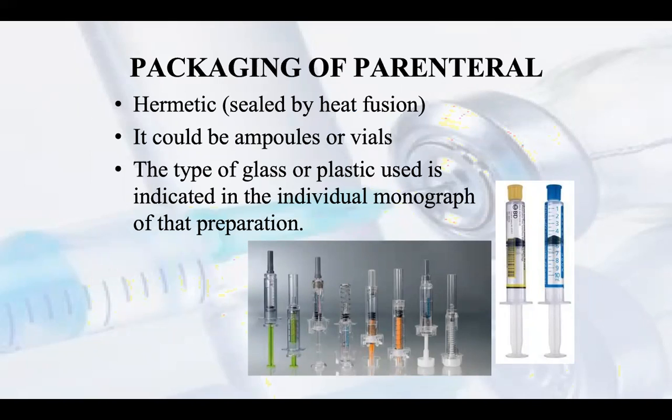Hermetic sealed by heat fusion, certain ampoules are sealed by hermetic seal from the tip of the mouth. It could be ampoules or vials. The type of glass or plastic used is indicated in the individual monograph of the preparation. You can see various types of pre-filled injections as syringes are available.